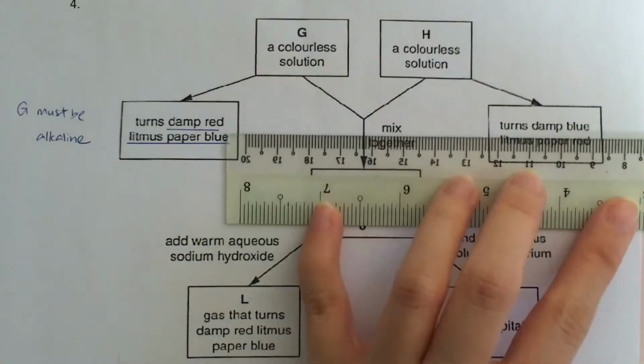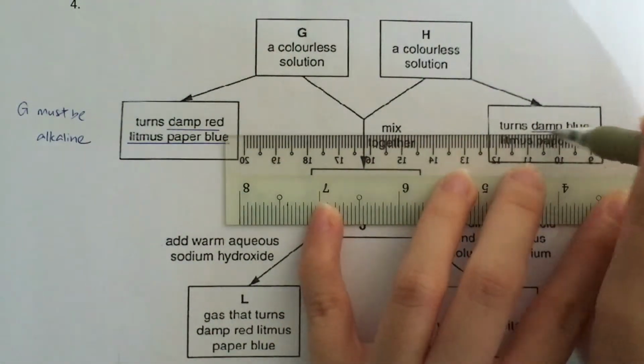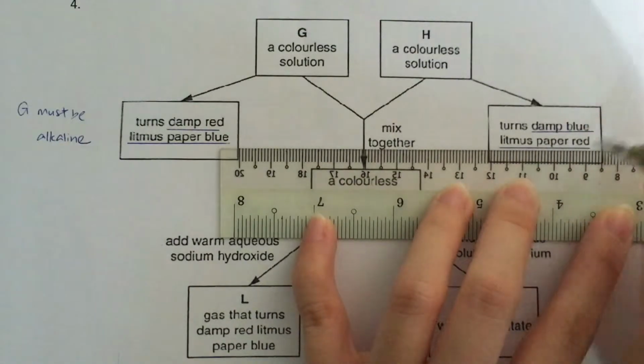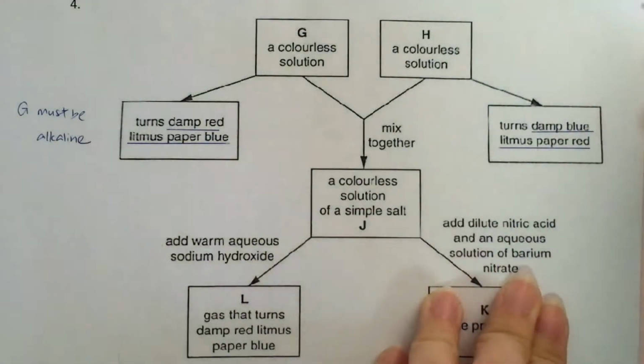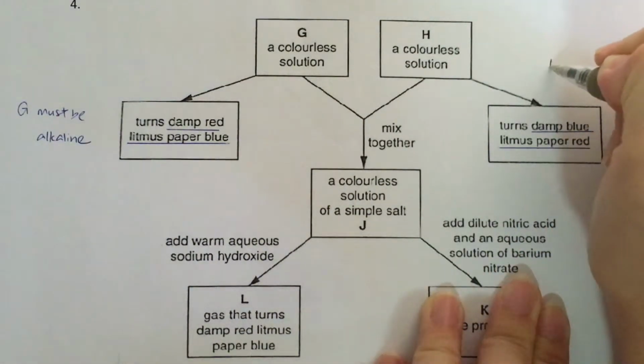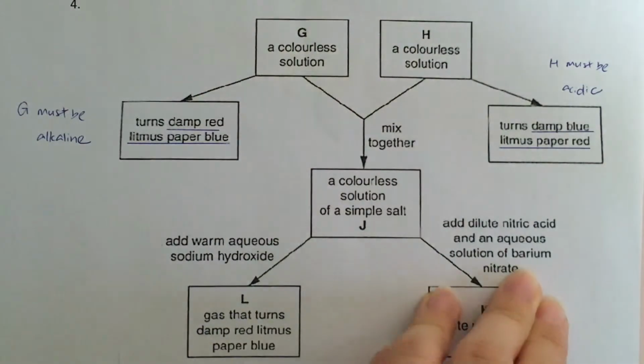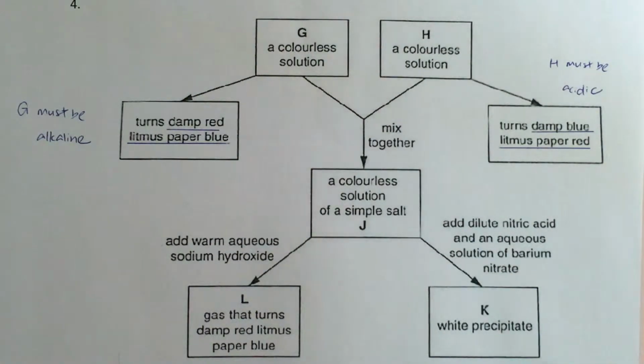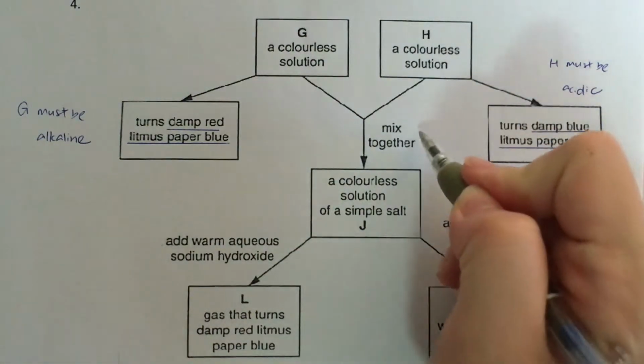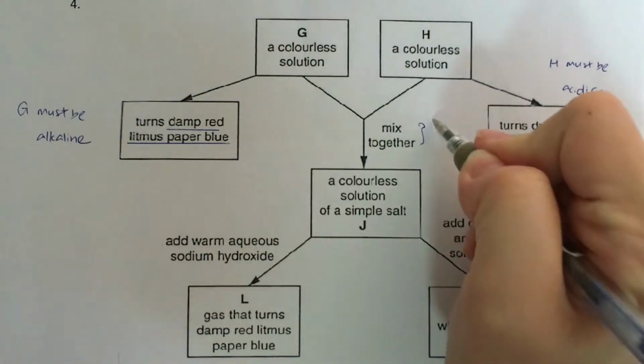Okay, because what we are testing is the G solution. And the next one we are testing is the H solution. And it turned blue litmus to red. So which means H must be acidic. So here we are testing the solution, not any gas, the solution itself. So based on the litmus test, we can tell that it's alkaline and acidic.